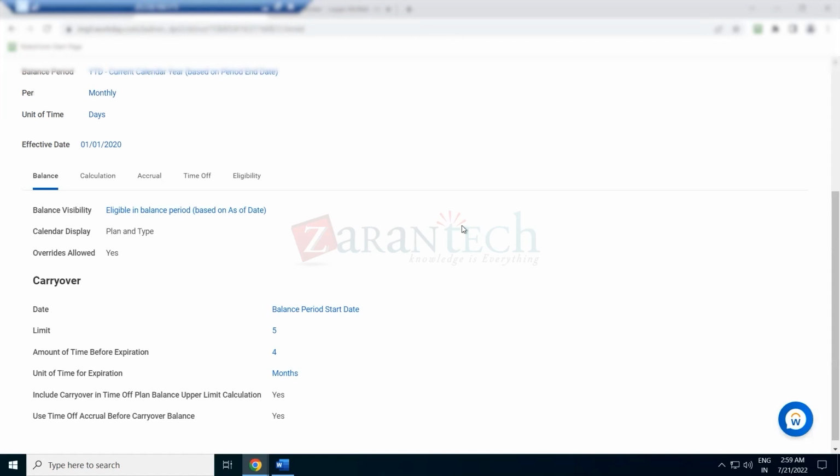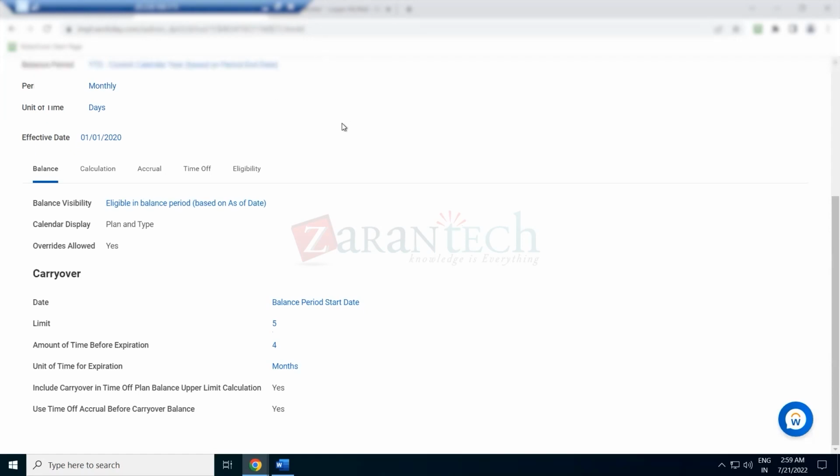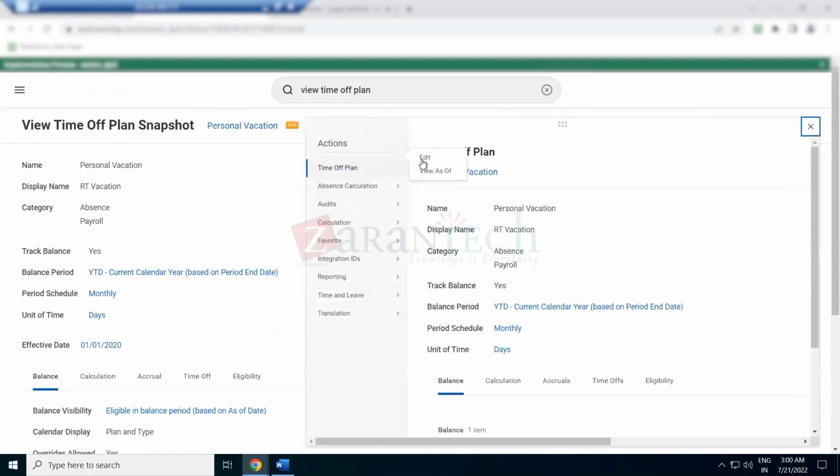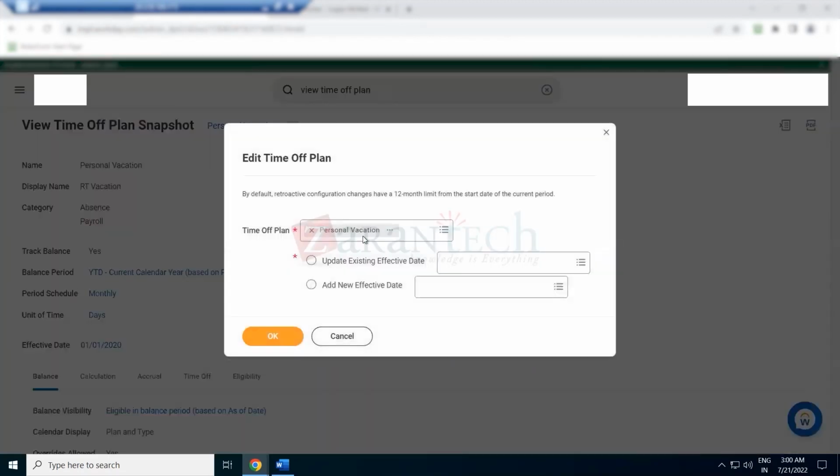Balance period is this period, entire year period. So for the year, as of that particular date, you are eligible for that period. Let me just edit it for you. So does this mean that when a worker goes on their profile to see the balance, it will show the beginning period balance? Is that what it is?